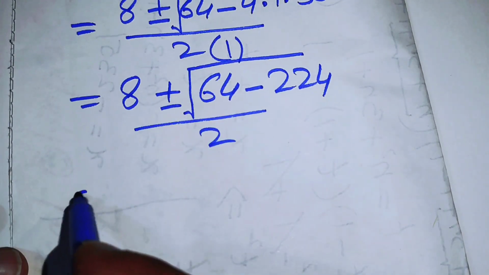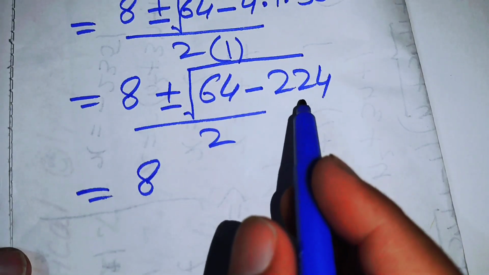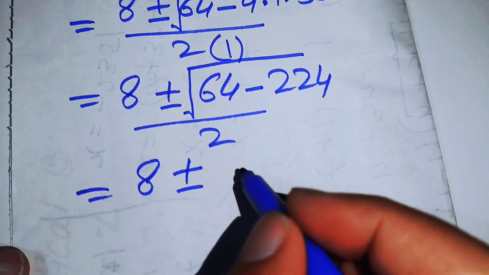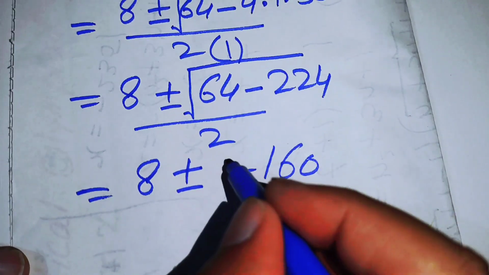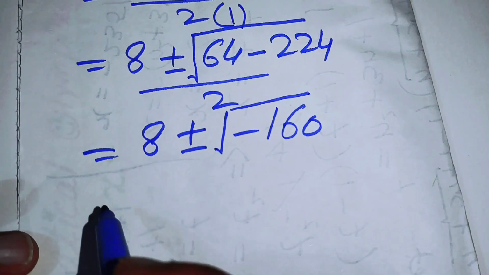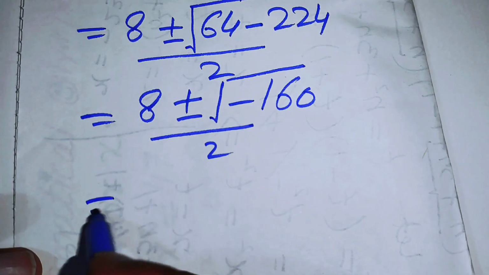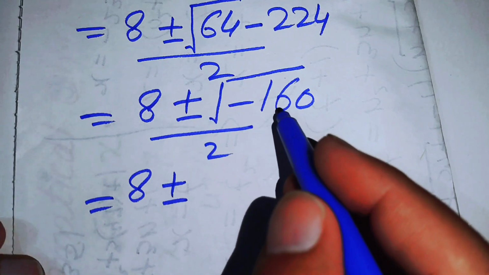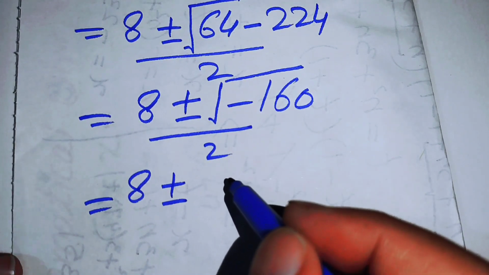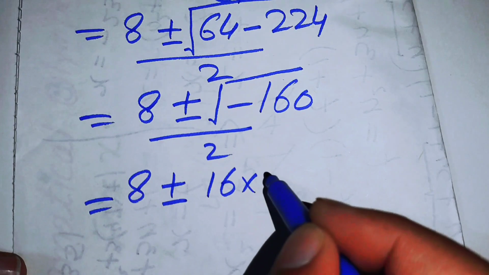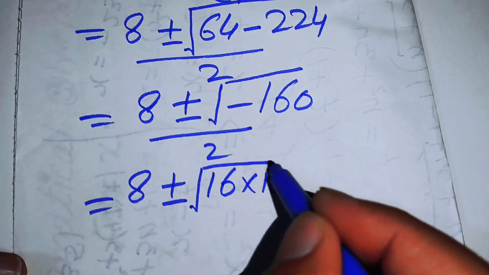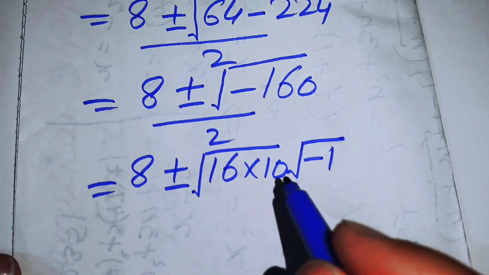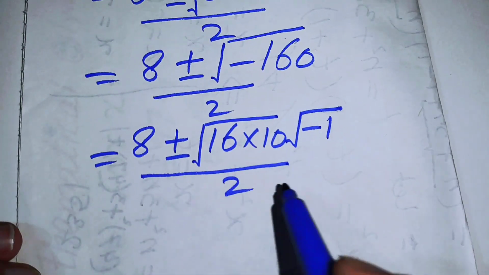And now we can subtract 64 minus 224, so it will be equal to minus 160. So here over 2, I can write this equation as 8 plus minus, here you write this 160 as 16 times 10 and its whole square root, and I can separate the square root of the negative term, and this whole over 2.